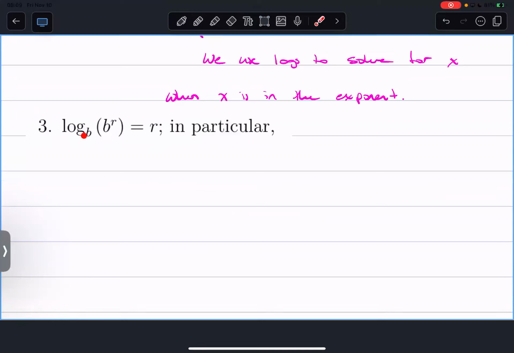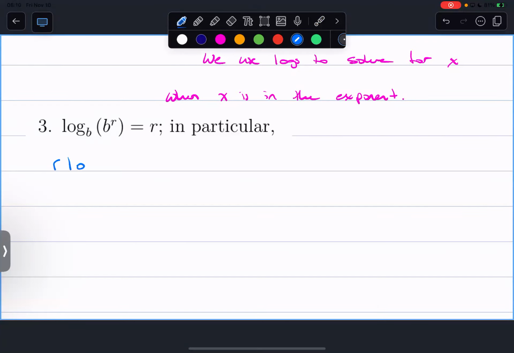So if I take the log base b of b to the power of r, what happens is this r goes out in front. So I guess it's missing a piece. Sorry. Log base b of b to the power of r, I can rewrite as r times log base b of b.